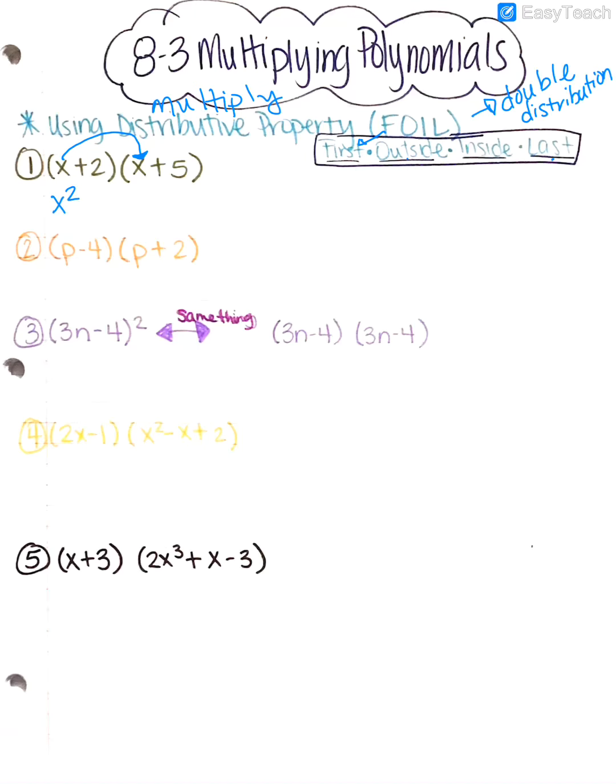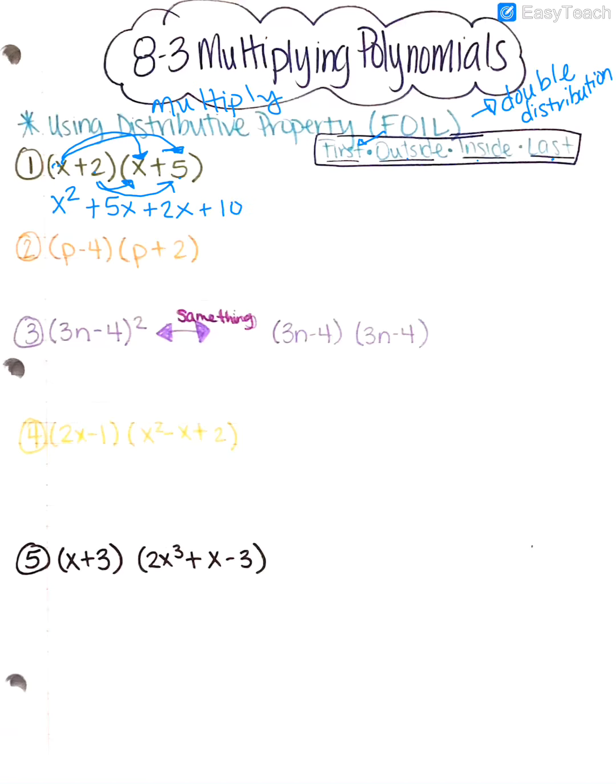The outside numbers, so this is the outside number here, and we'll go to the last number. So x times 5 gives us 5x. And then you're going to go with the inside numbers. So the inside are these two right here. So 2 times x, 2x. And then the last numbers of both sets of parentheses. So 2 times 5, which is 10.